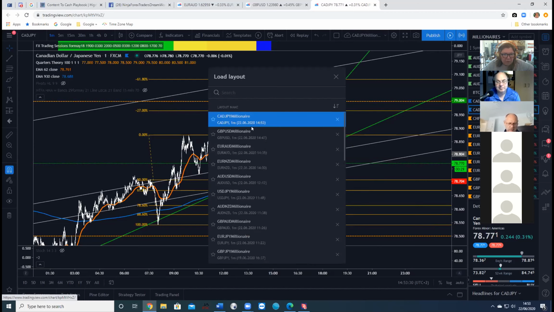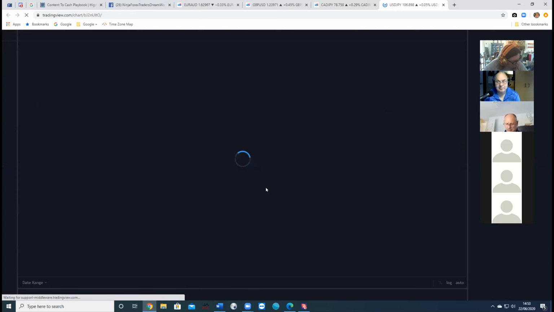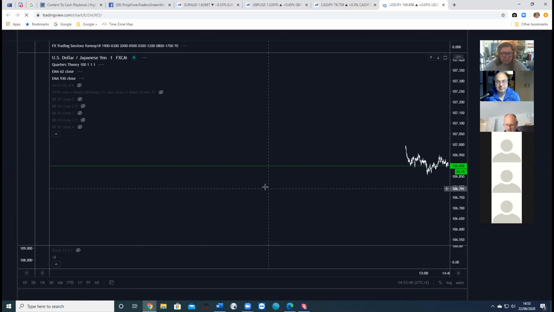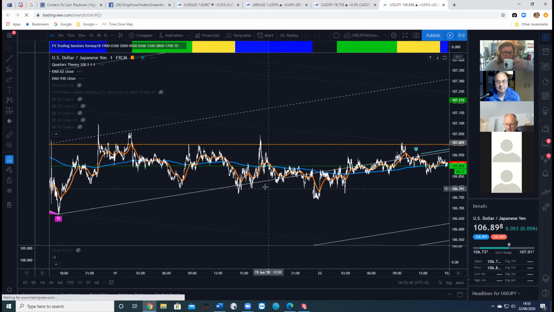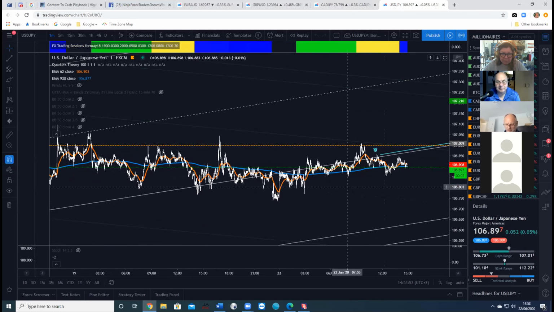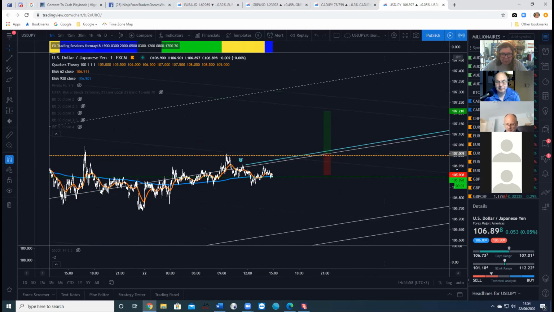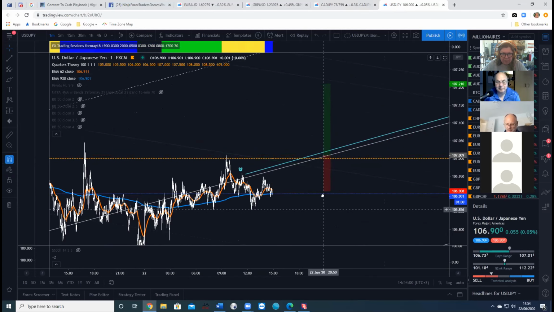What's next on the list? USD JPY. Let's have a look at that one. There's the D point down here, bottom left, that little pink blob down there. Here's the pitchfork. I've got it marked up there and it's not doing anything at the moment.